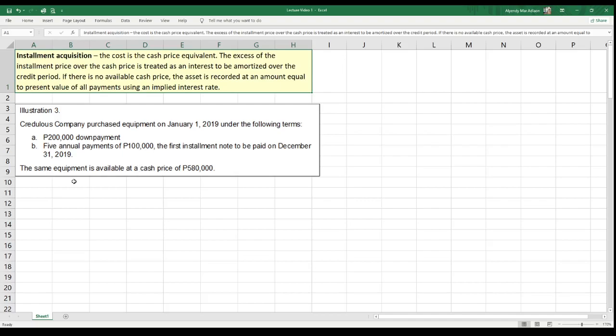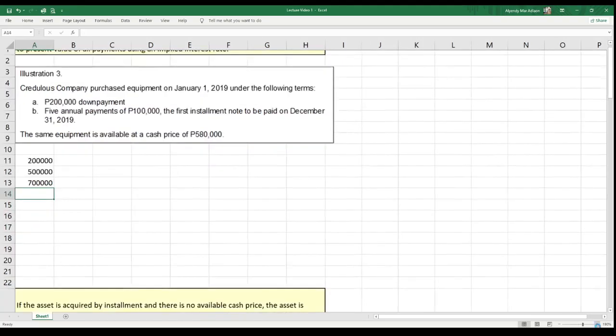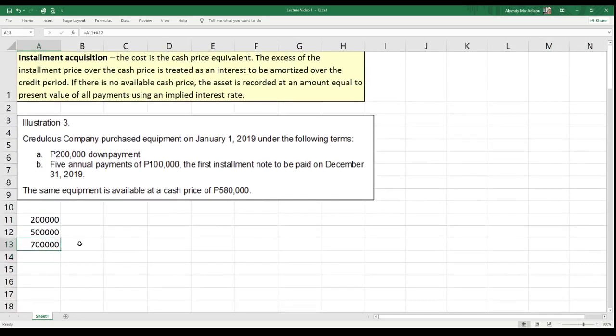Now, accordingly, the equipment has a cash price of 580,000. So, look at this. If you're going to add the 200,000 down payment plus the 5 annual payments of 100,000, so diba, 5 times 100,000, that is 500,000 pesos. That will give us a total of 700,000 pesos.